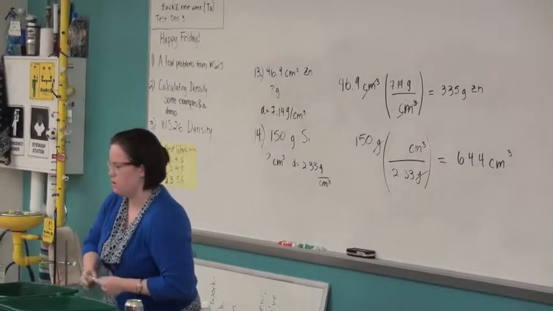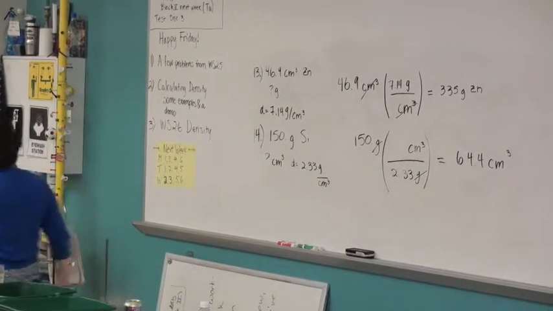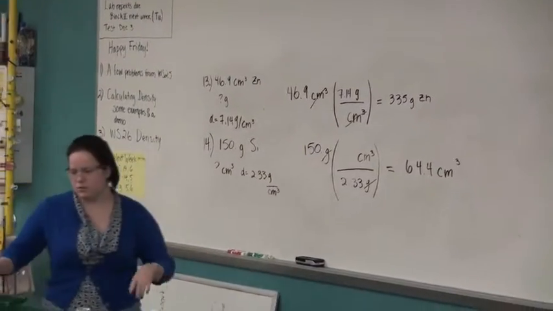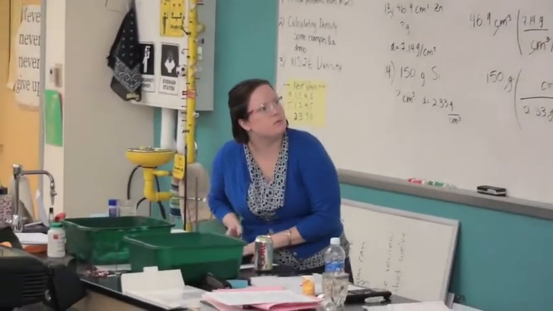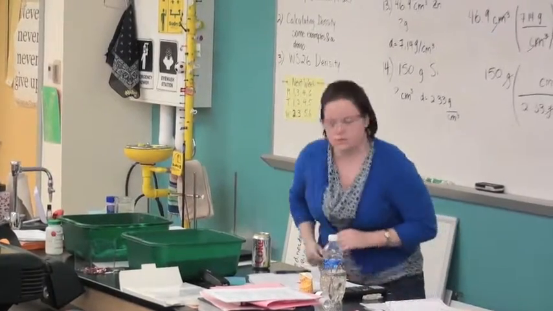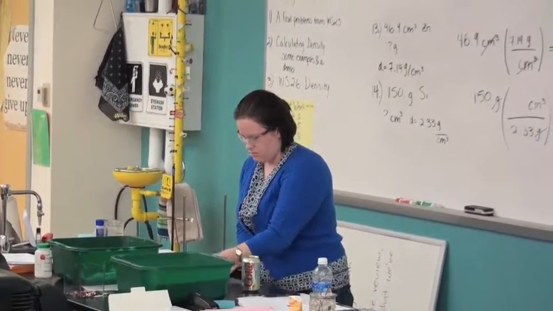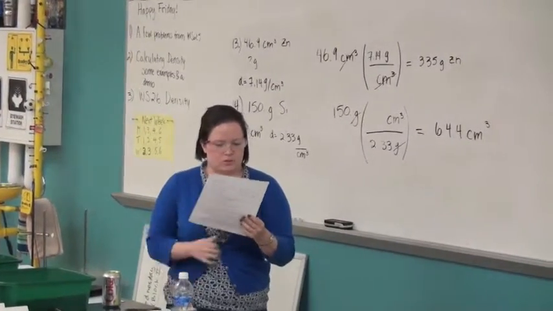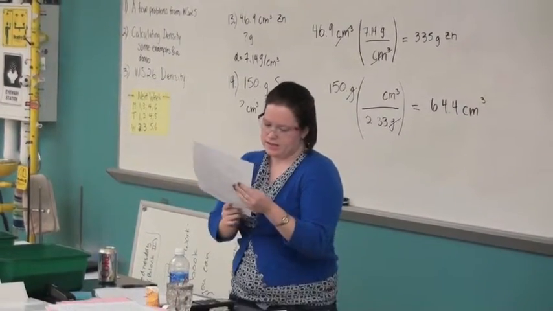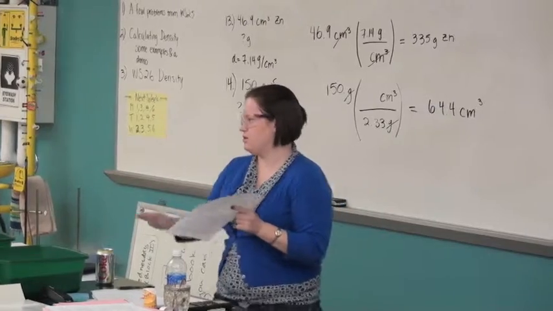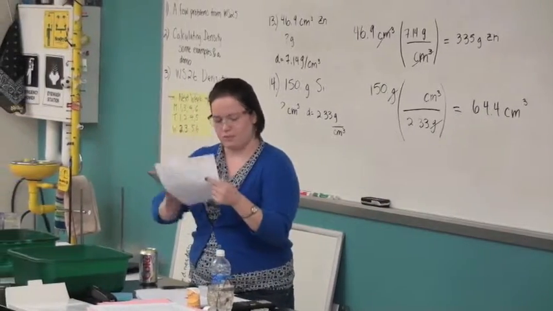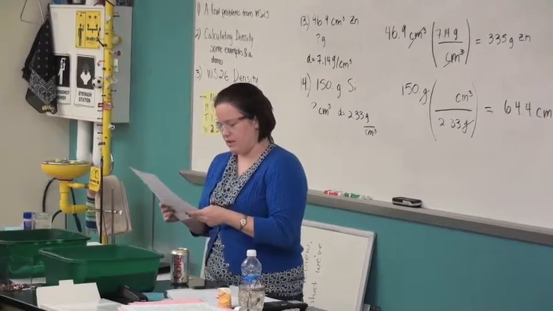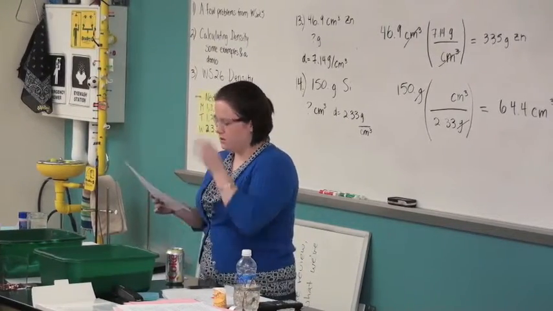Alright. So let's do some more practice. So let's do a few to get started. Okay, so if we look at number 2, it's asking us a very similar question to what we did here. So what we need to do is compare the densities of these 4 liquids, right?